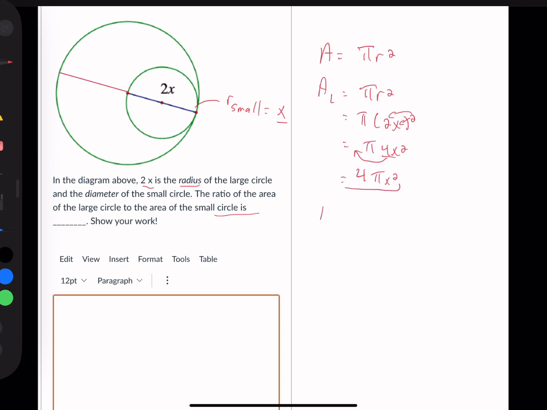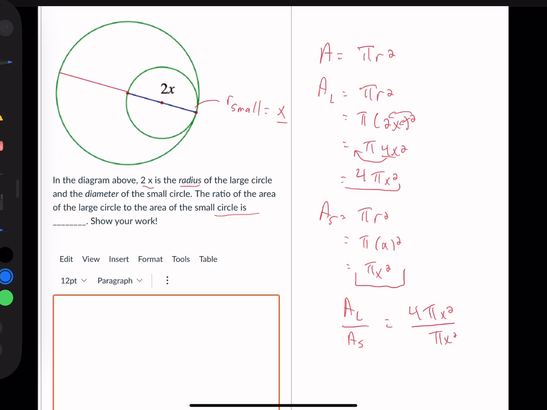And then if we think about the area of the smaller circle, again, pi r squared. This time, though, the radius is x. And so it would just be pi x squared. So then here is the area formula for the smaller circle. So now to get the ratio, well, we just put the area of the larger circle over the area of the smaller circle, which is then going to be 4 pi x squared over pi x squared.